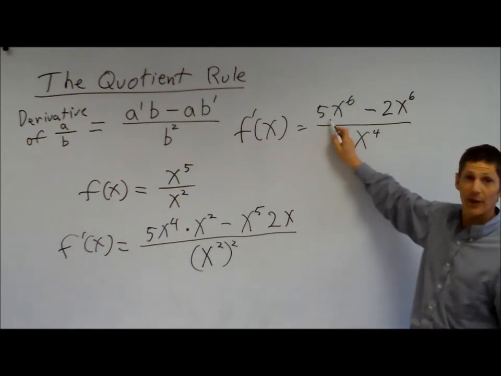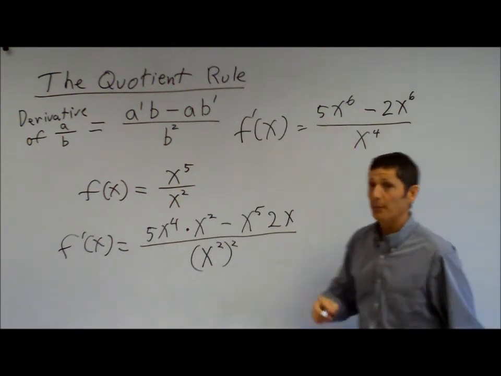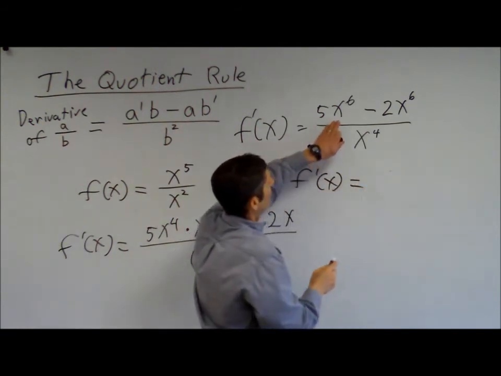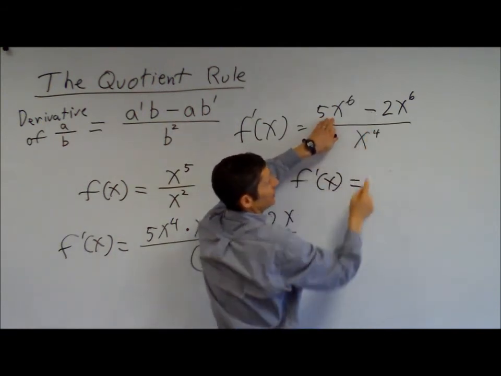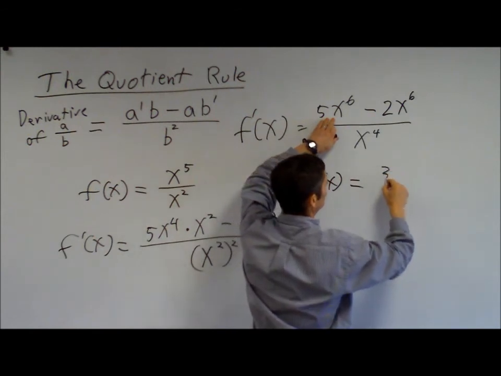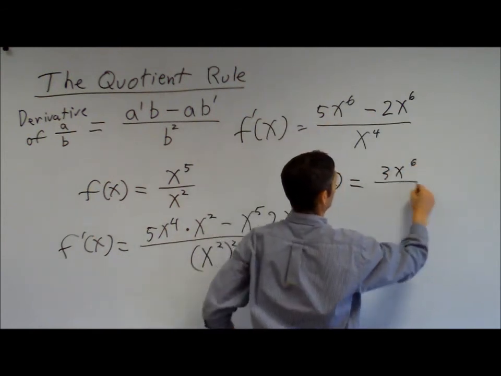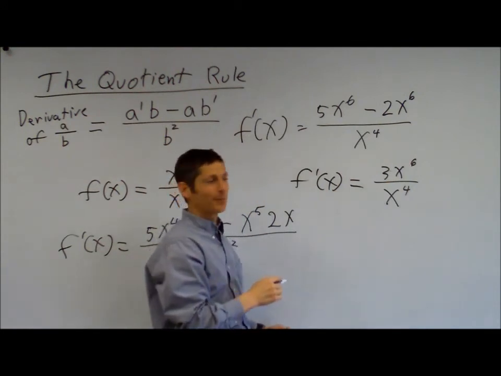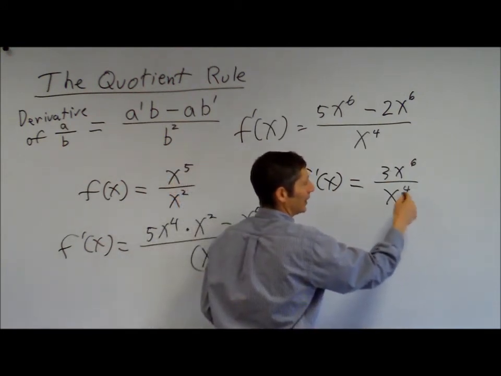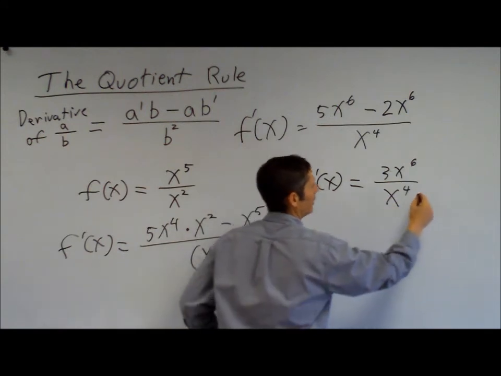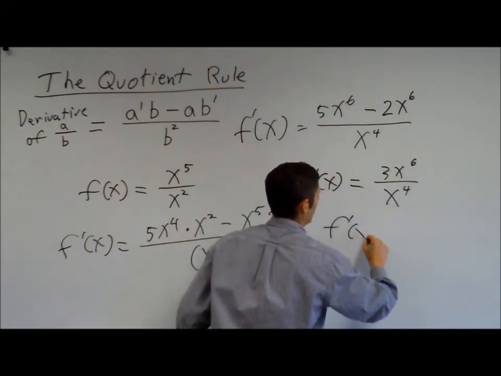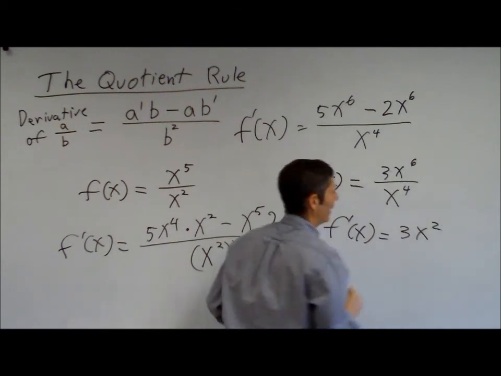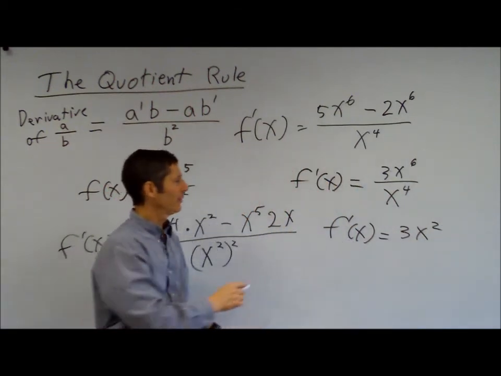And I think I can simplify this even a little bit more. This 5x to the 6th minus 2x to the 6th is 3x to the 6th over x to the 4th. I think I can keep going. What do you think? You can. I think I can get rid of 4 x's down here, 4 x's up here, and I am left with 3x squared. And there you go. That is the derivative.